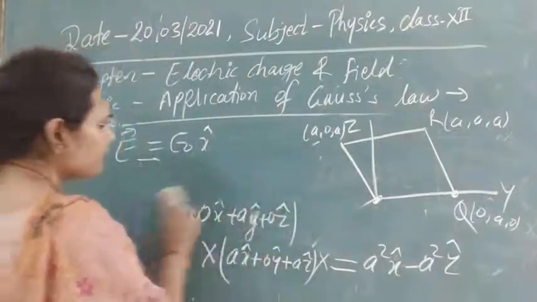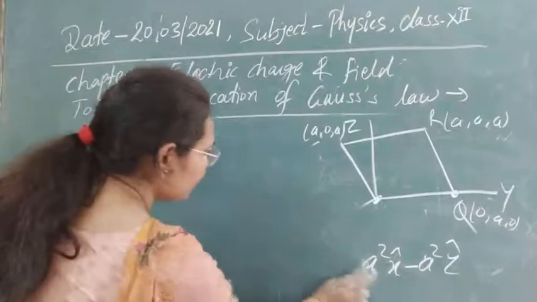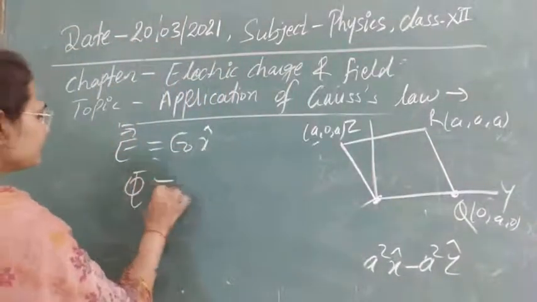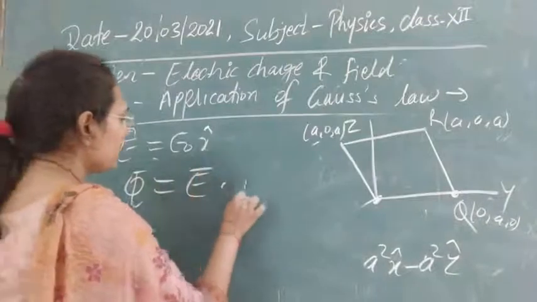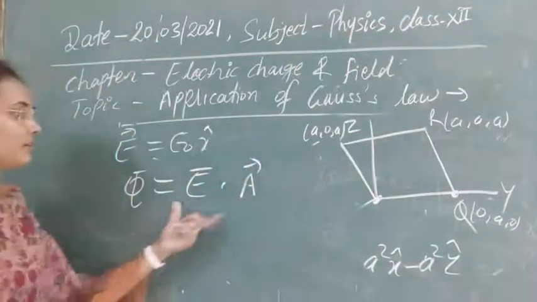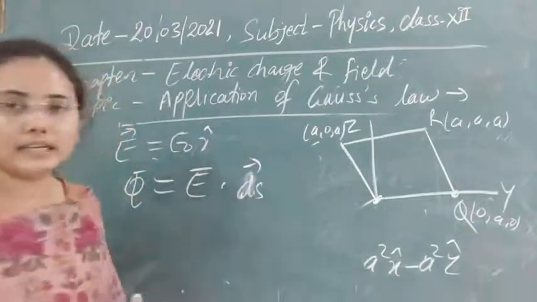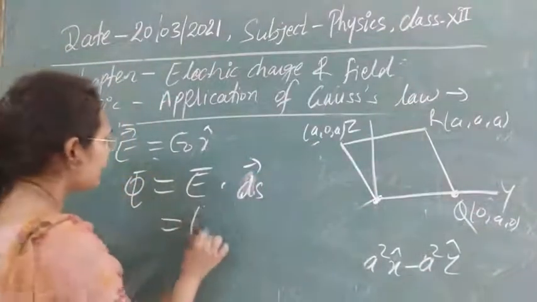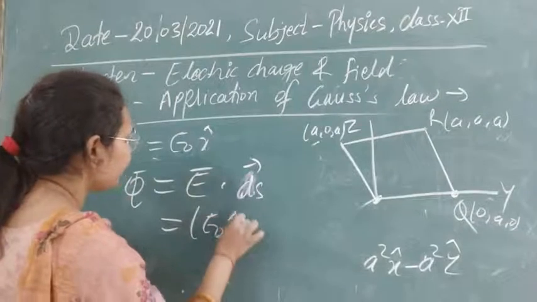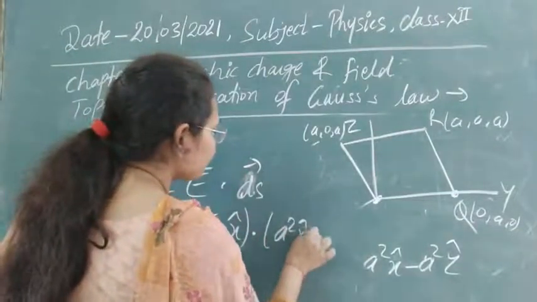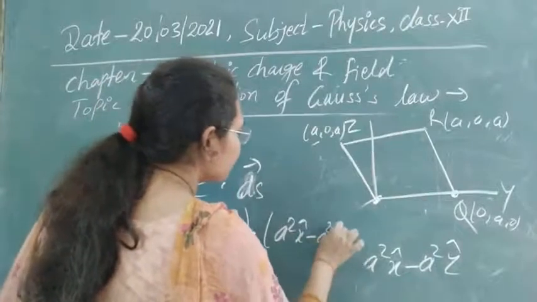Now as we have the area vector, we can use the formula to calculate the flux here. The formula is E dot A, the dot product with the area vector ds, so E dot ds. Let's write the value of E, that is E0 x cap, dot product with a square x cap minus a square z cap.